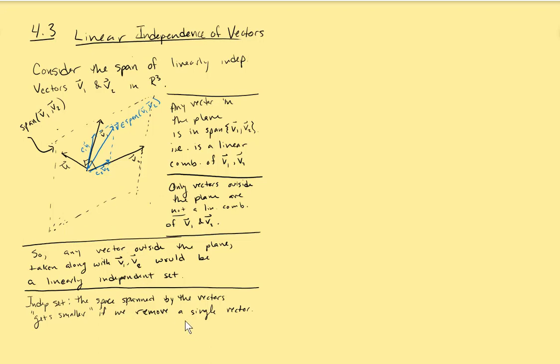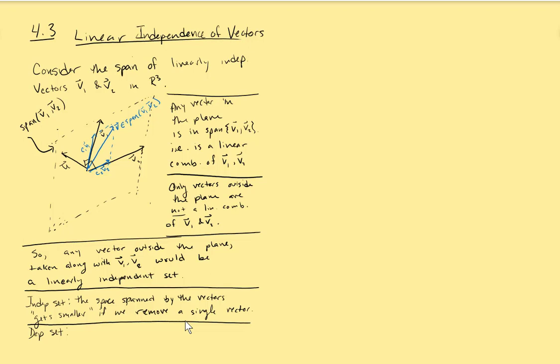Another fact to mention here is, on the flip side, a dependent set of vectors implies that at least one vector could be removed without changing the span of the set, without changing that space that we could cover with linear combinations of the remaining set of vectors.